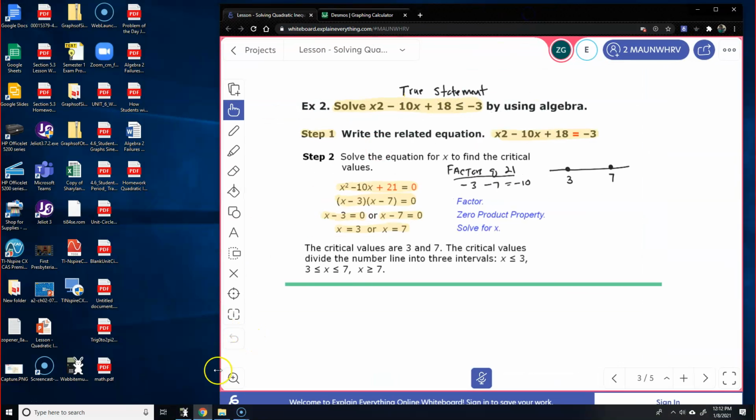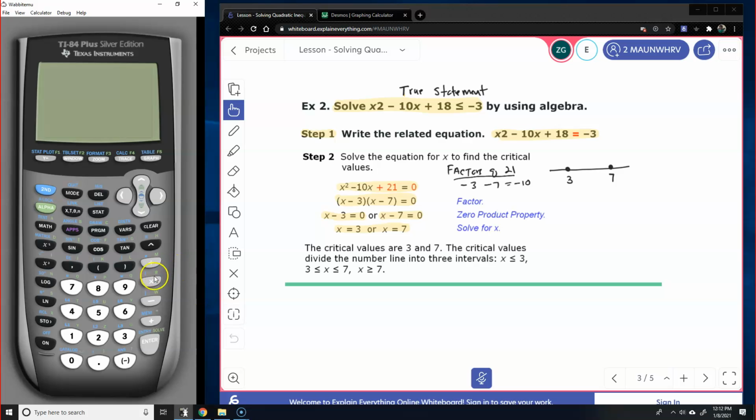Okay, so let me go ahead and get my calculator out. So we have 3 squared minus 10 times 3 plus 18.